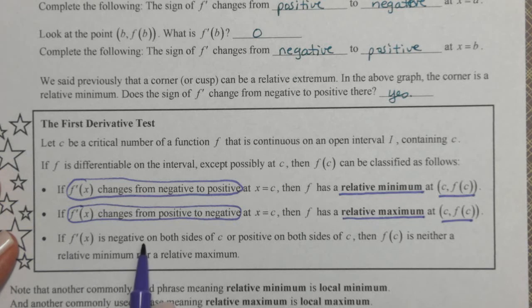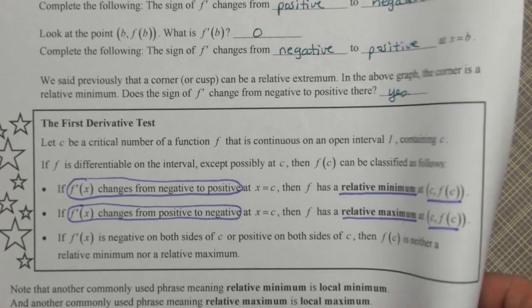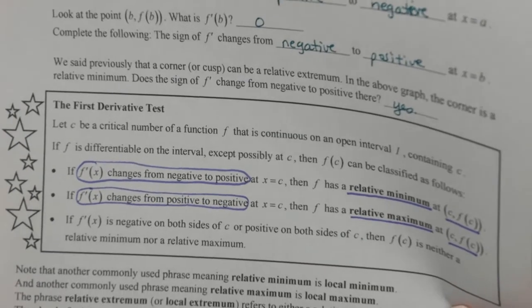If f prime is negative on both sides of c, or positive on both sides of c, then f has neither a relative min nor a relative max at that point. Makes sense.